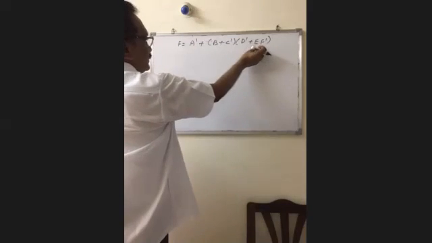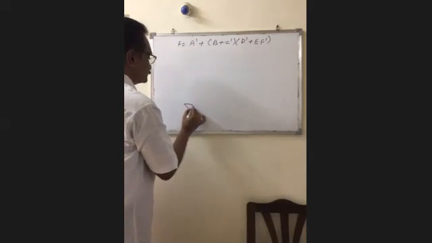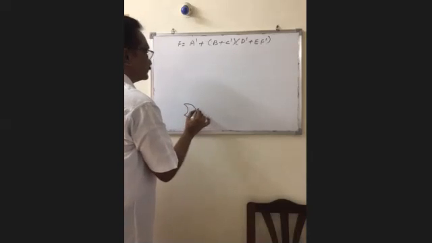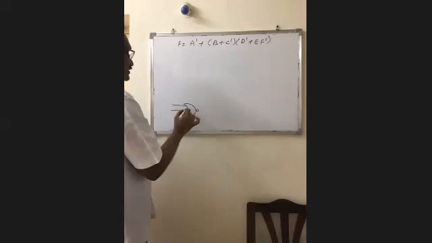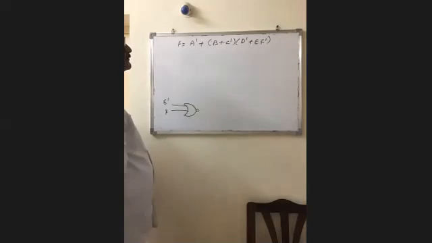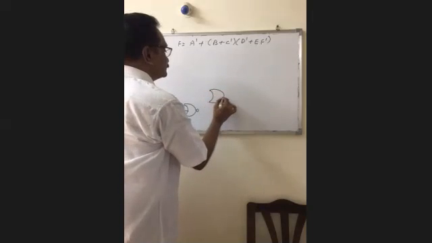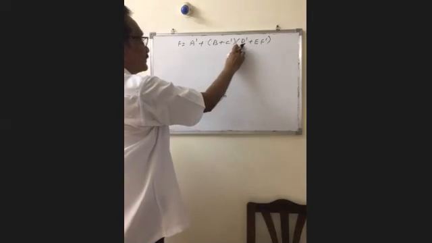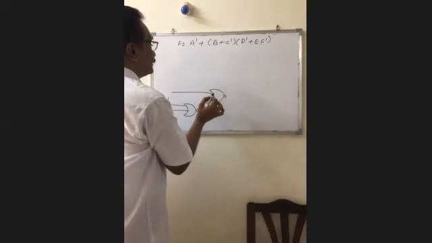Say for this one, for EF dash, it's a product term. So apply the complement of the input variables. That means E dash and F. Next for this one, this sum term by using NOR, simply connect D only.